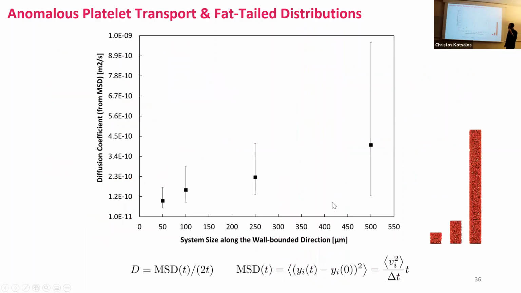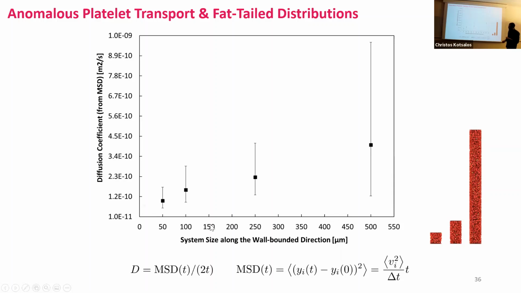Okay, so the first step that we followed, we ran different experiments, as you can see here, in larger domains as well. And we extracted here in the y-axis the diffusion coefficient, as a function of the wall-bounded domain size.